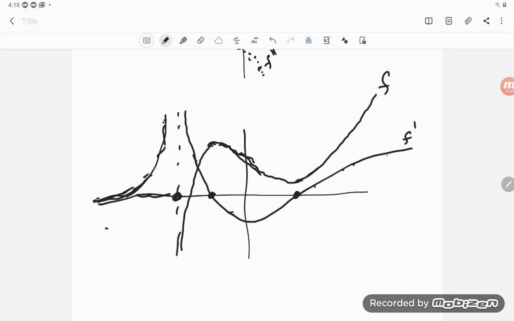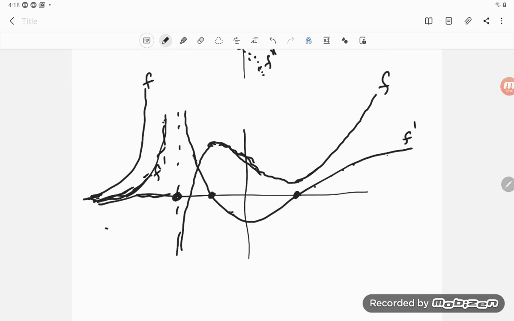Okay, so actually it looks like probably f would look a lot like f prime. So this was f prime. Well, we'll call f looking like that. Slopes near 0 and then steeper and steeper slopes.